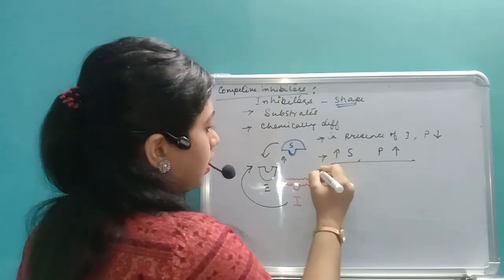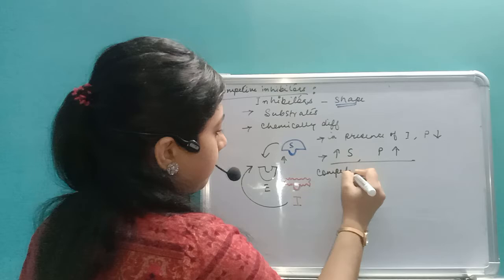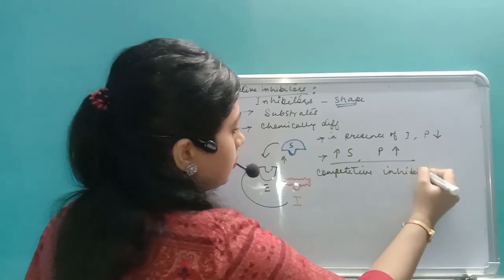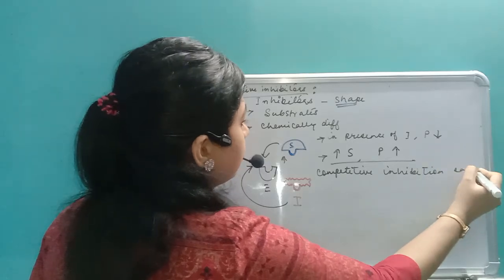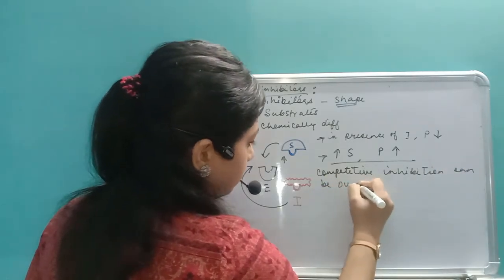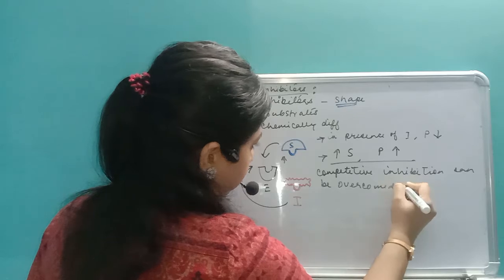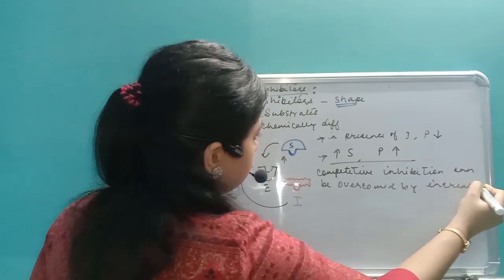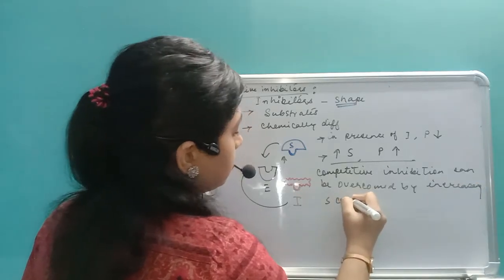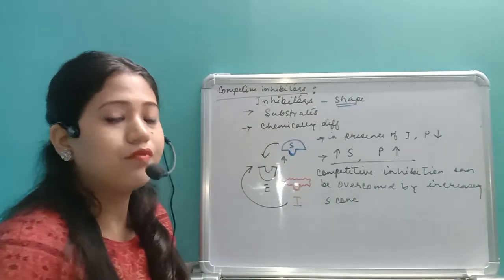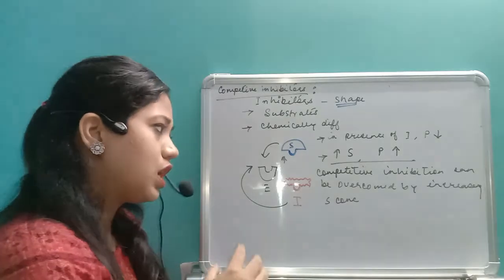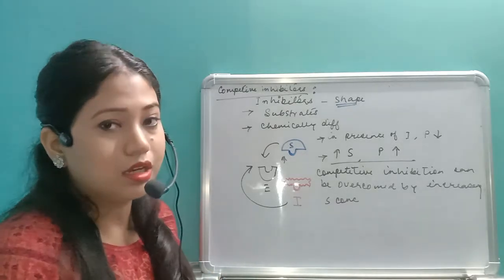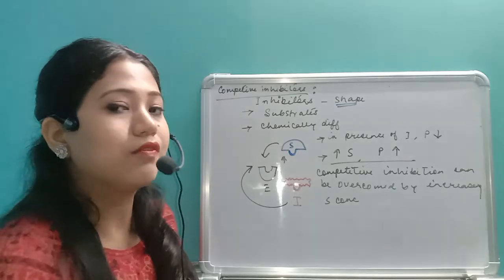So competitive inhibition can be overcome by increasing substrate concentration. Whenever we increase the substrate concentration, the competitive inhibition can be decreased, or we can see more product formation.